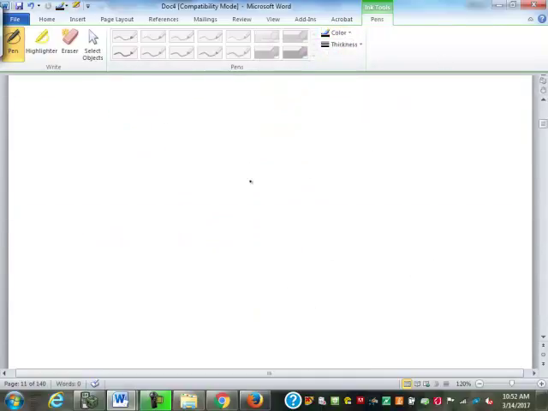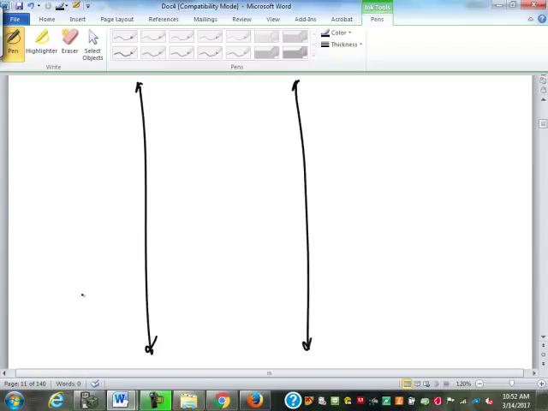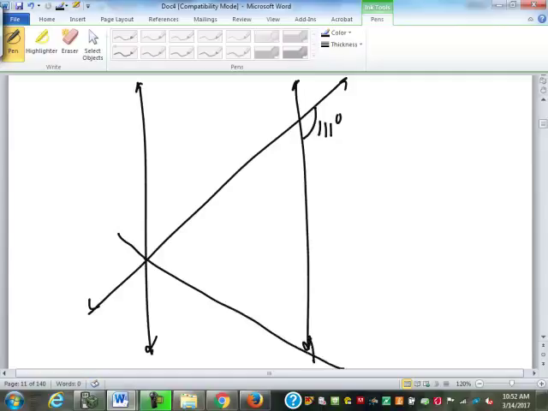How about that's 111 degrees. This is going to work out horribly, but pretend that looks like a right angle.